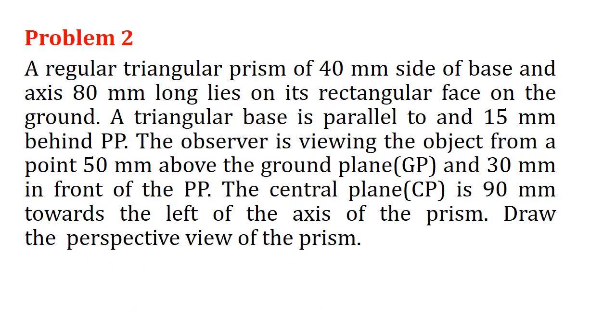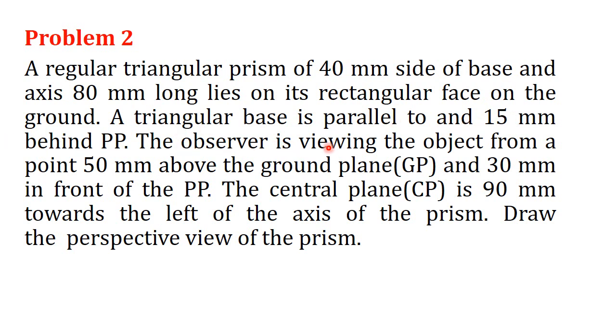Okay, let's take another example. A regular triangular prism, which means all the base edges have the same length. A 40 mm side of base and axis 80 mm long lies on its rectangular face on the ground. A triangular base is parallel to and 15 mm behind PP.